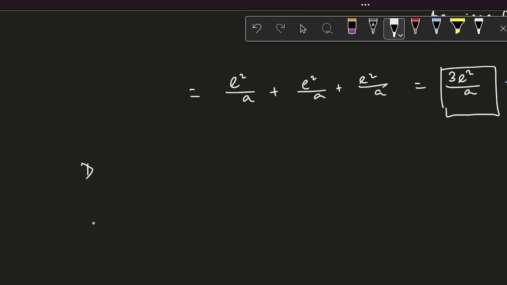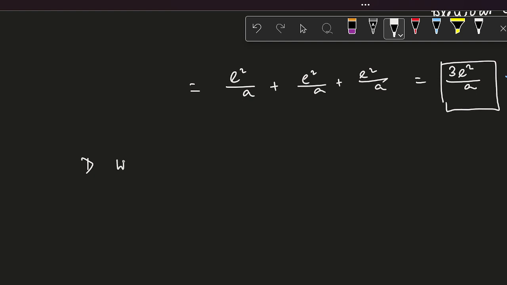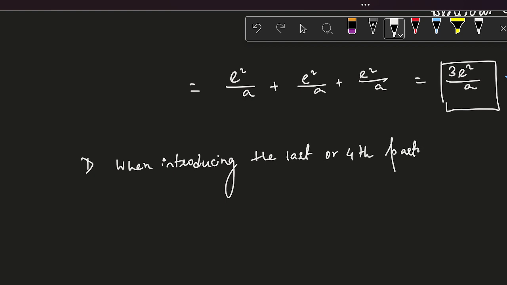Okay, and for the final case, when you finally introduce your last or fourth particle of the tetrahedron, because initially we have already completed the 3 sides to be occupied, now the fourth particle is introduced.